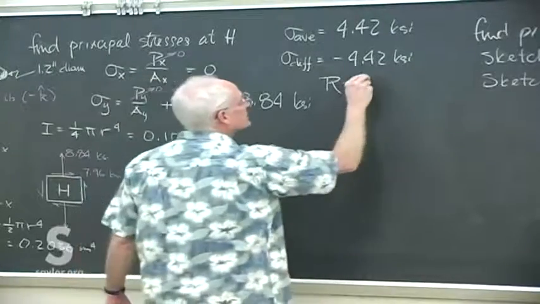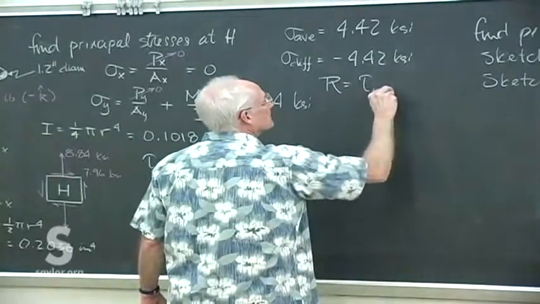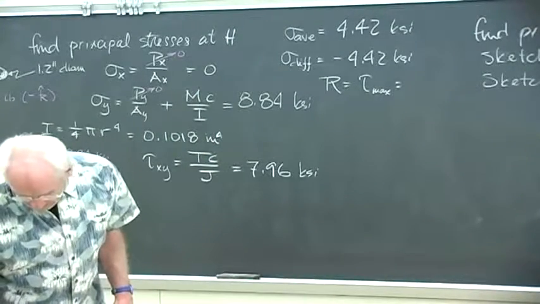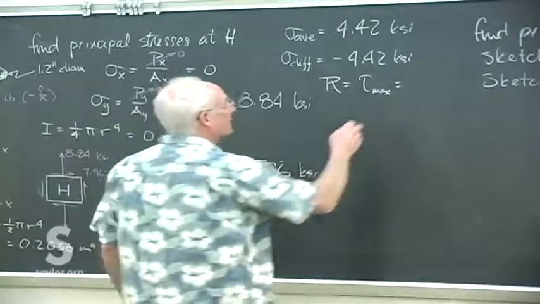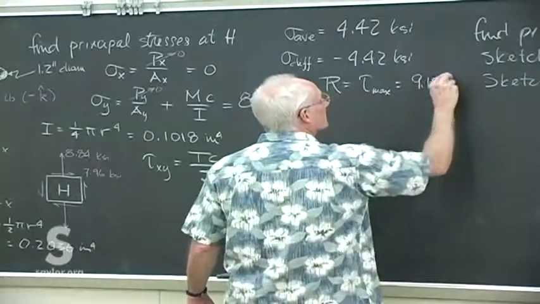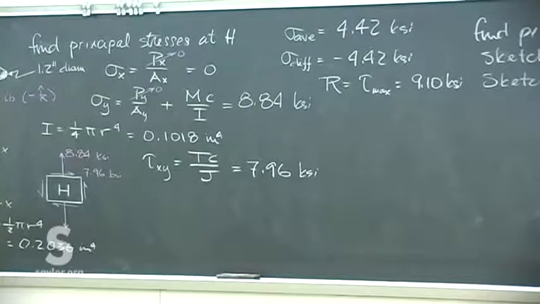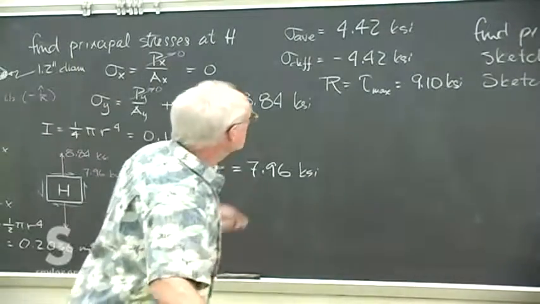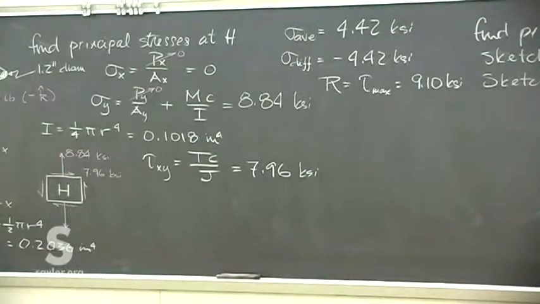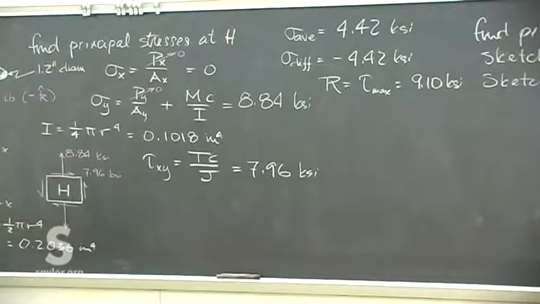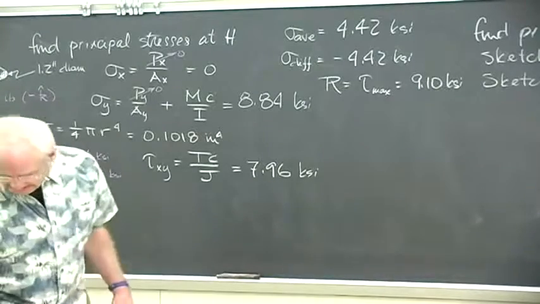And R, which is actually our maximum shear stress. Everybody's getting these same numbers? This is the easy part. 9.1 KSI. Okay, so we can place some of those points. We know now where the center is, 4.42. And we know that the maximum is 9.1.